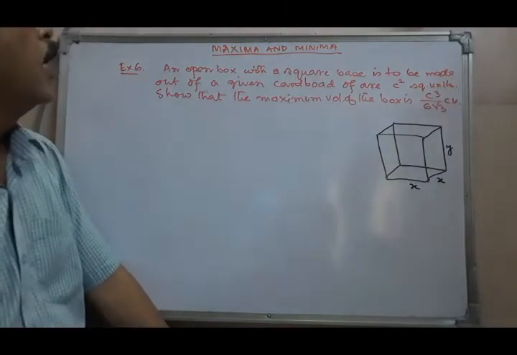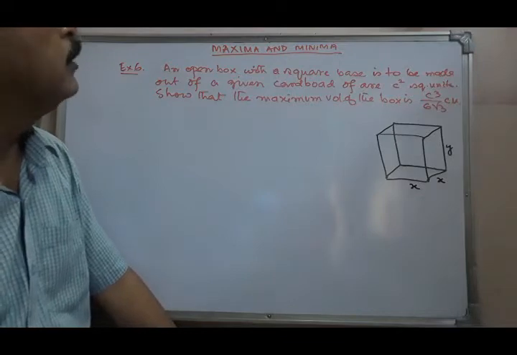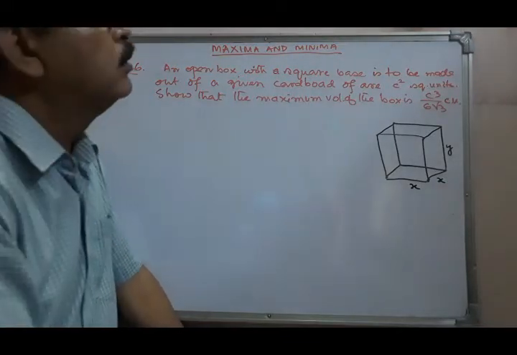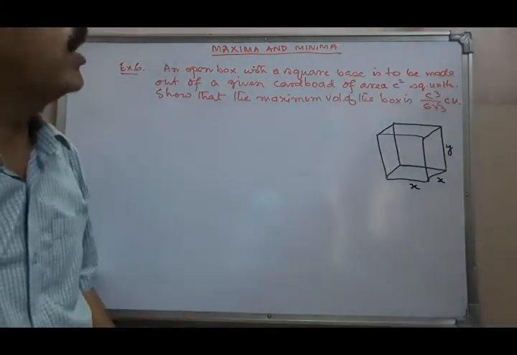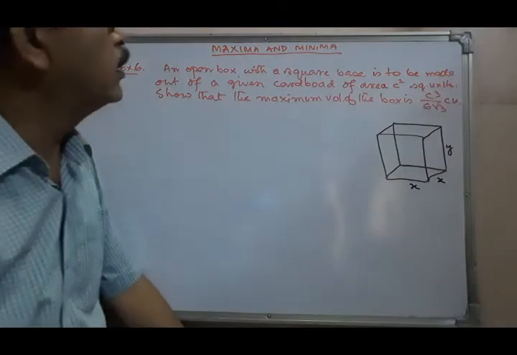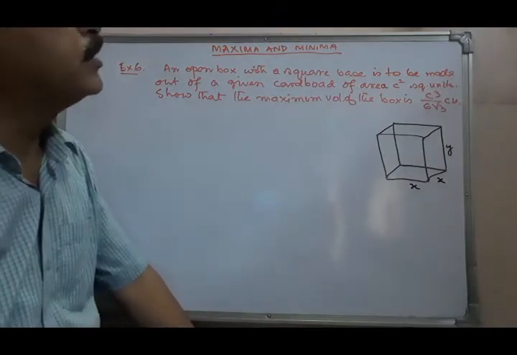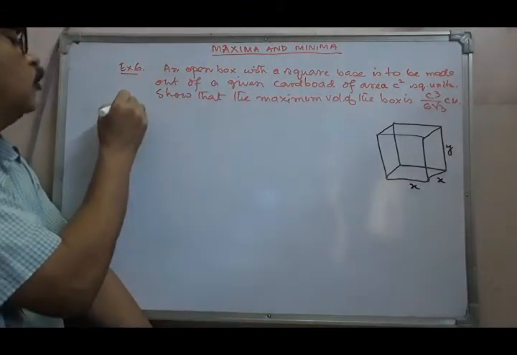Example 6. An open box with a square base is to be made out of a given cardboard of area c square unit, so that the maximum volume of the box is c cube by 6 root 3 cubic units. Solution.